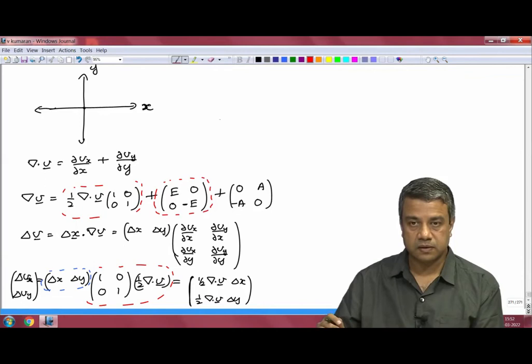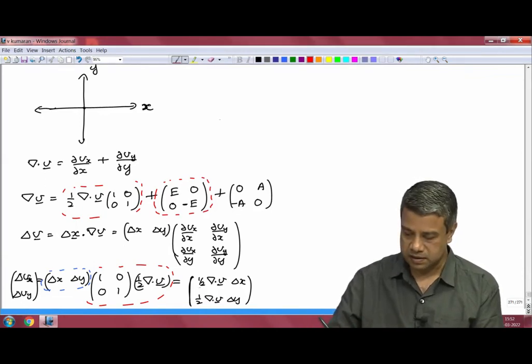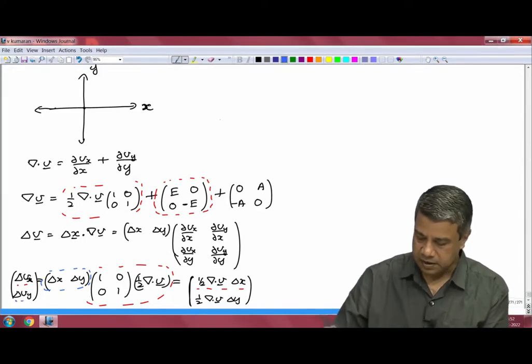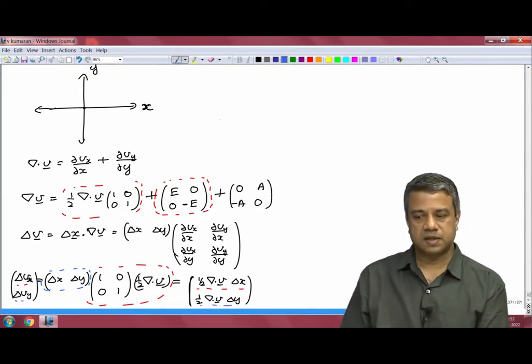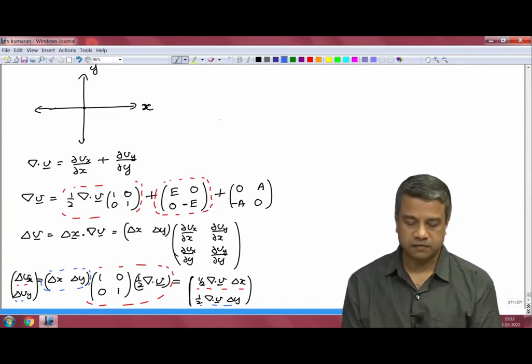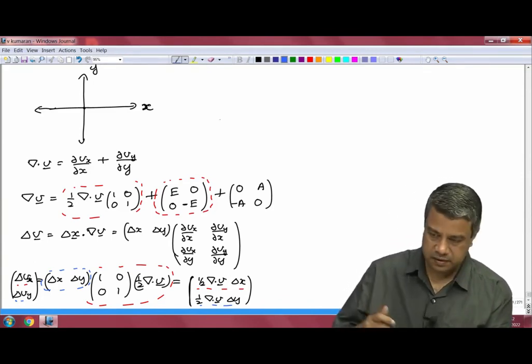Delta V x is a constant times delta x and delta V y is a constant times delta y, the same constant, half of the divergence of the velocity.